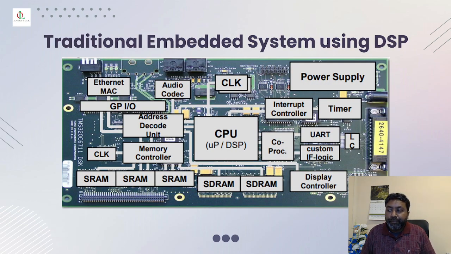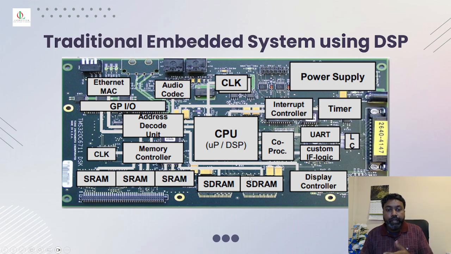Okay, I would like to show you how, in those days, the traditional way of embedded systems used a DSP. As you can see, this is a TMS320C6711. This is a traditional embedded system using DSP, which has all these modules. It has Ethernet, CPU, audio codec, power supply, timer, interrupt controllers.